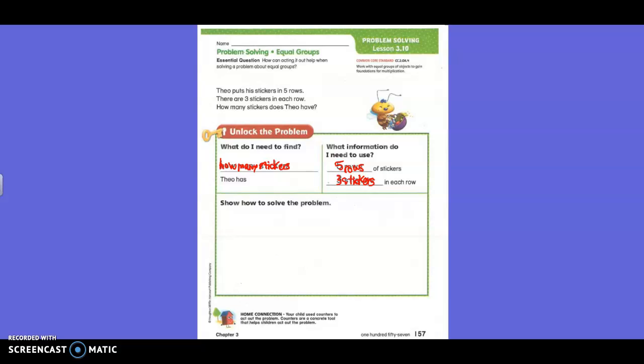If we have 5 rows of stickers, I'm going to tell you about rows. I think about rows as, when you go into a movie theater, how many of you went to a movie before in the movie theater? Raise your hand if you've been in a movie theater. If you've been to a movie, you walk down into the movie and there are rows of seats, right?